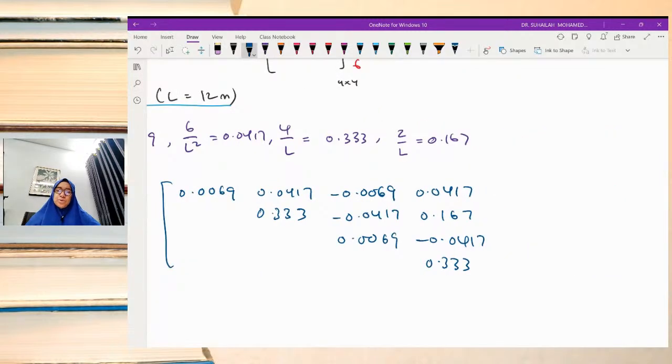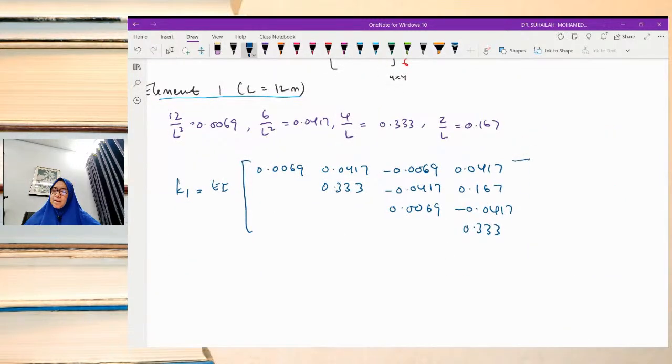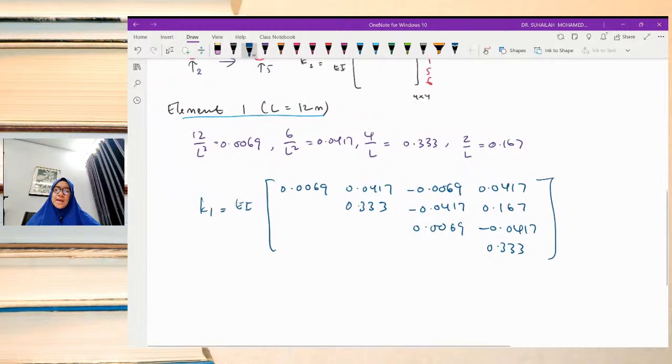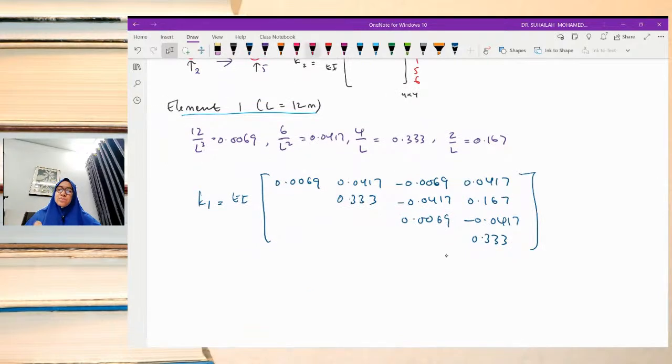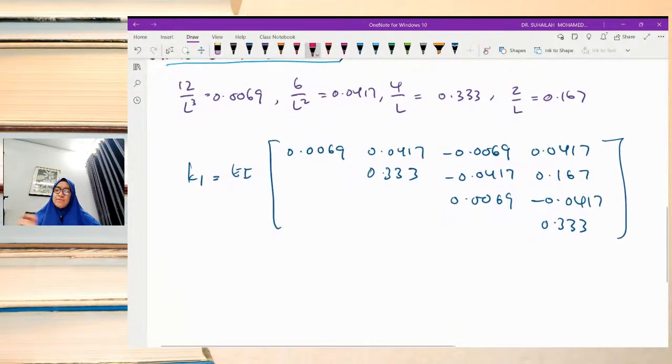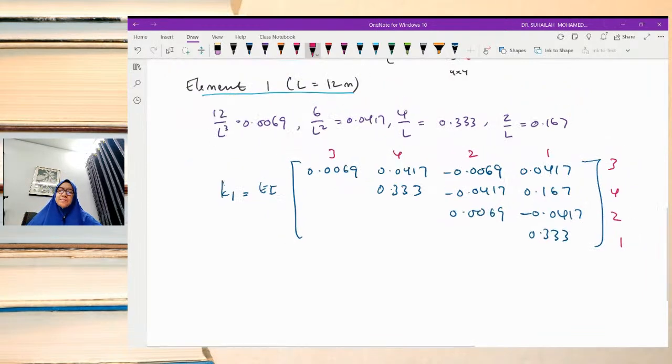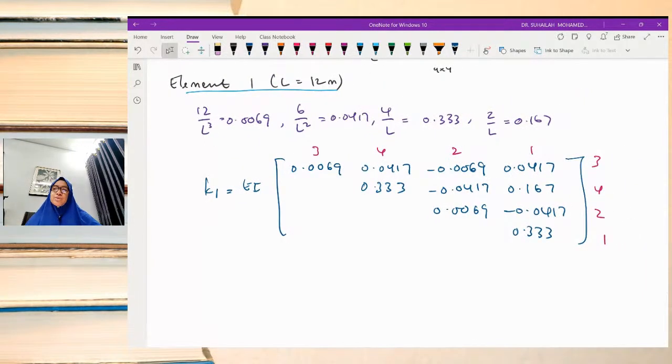Okay, so this is K1 in terms of EI, and the label for K1 is 3421. Okay, so we move to element number 2.